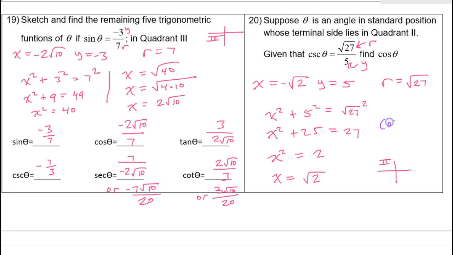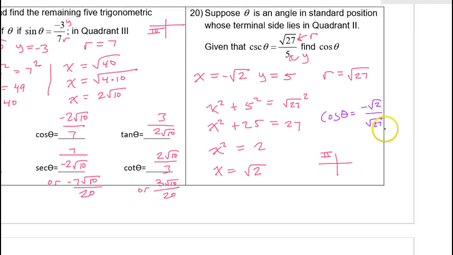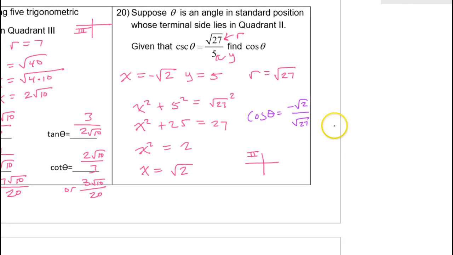So cosine is x over r. So that's going to be negative radical 2 over radical 27. Okay, we are definitely going to have to rationalize the denominator because we have a radical in the numerator and a radical in the denominator, so that's no good. So here's what I want to do though.